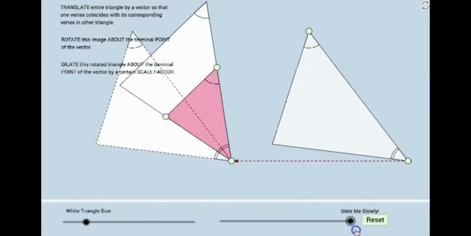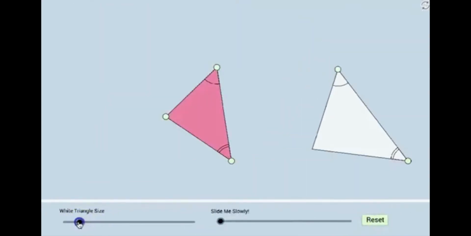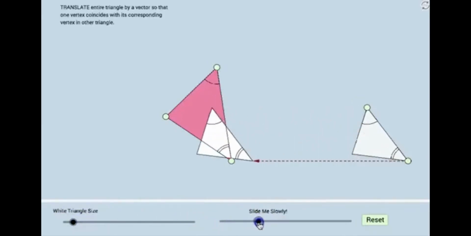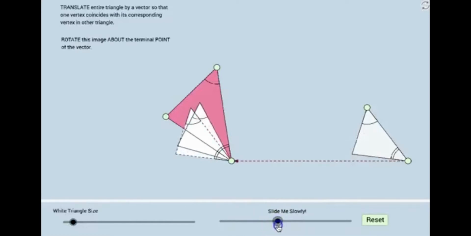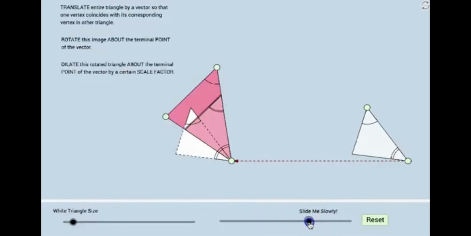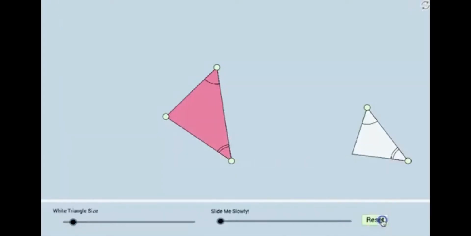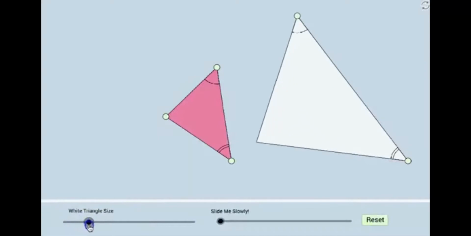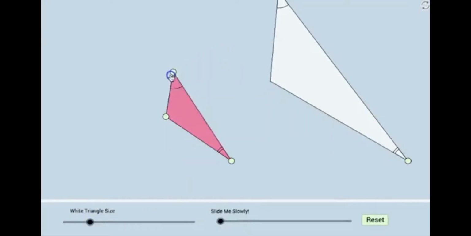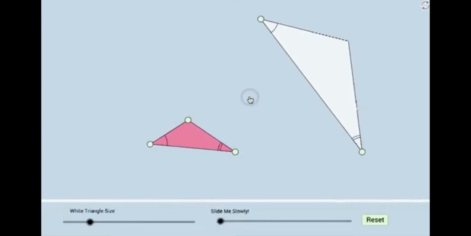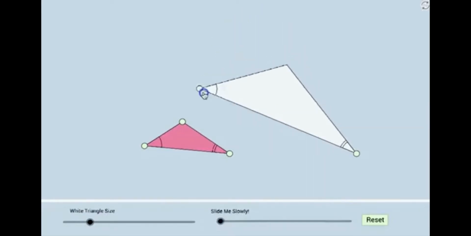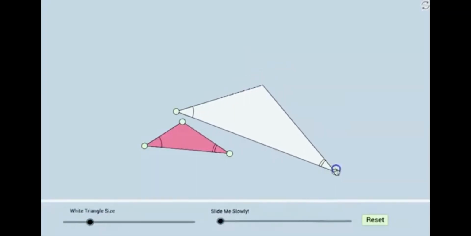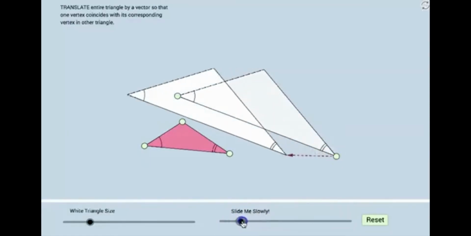This is showing a translation, rotation, and dilation that maps the triangle on the right onto the triangle on the left. Now we can do this again. We slide, rotate, and dilate the triangle to map the triangle on the right onto the triangle on the left. We're always going to be able to do this when we have 2 pairs of corresponding angles that are congruent.